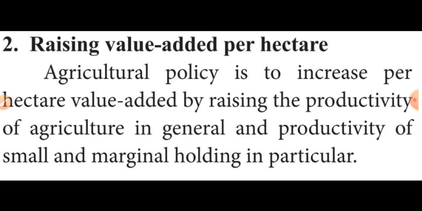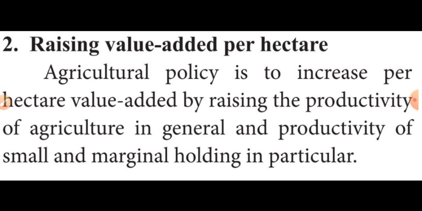Listen, Indian agricultural policy takes more effort to increase the production per hectare value added through small and marginal landholders. Marginal means small in size. Very small landholders. Small and very small landholders.